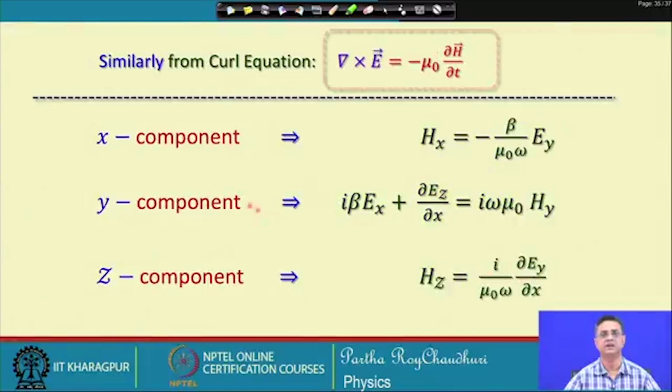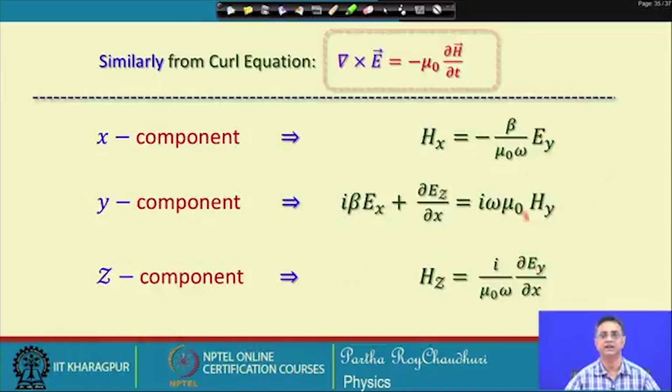And in the same way, if we look at the components of the curl equation, like x component, y component and z component, and we do the same operation, we can show that H x will depend on E y in this way, E x, E z and H y will have a dependence in this way, H z and E y.